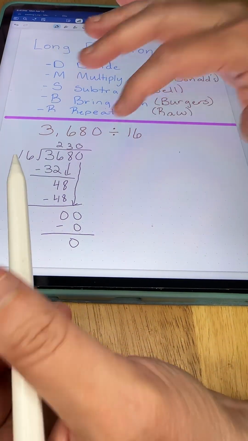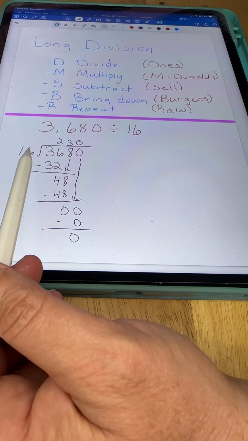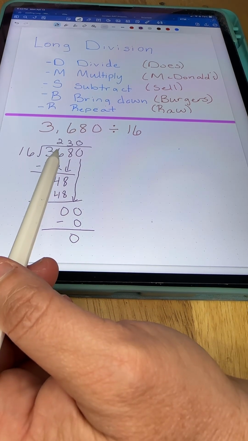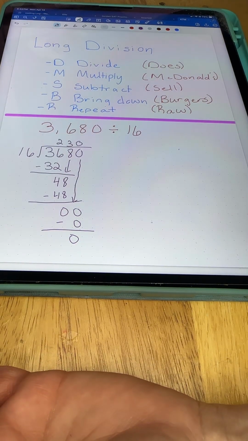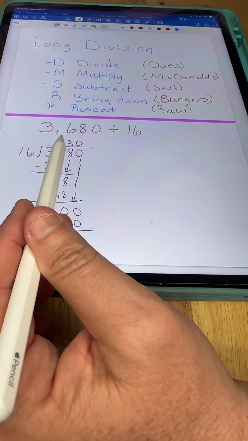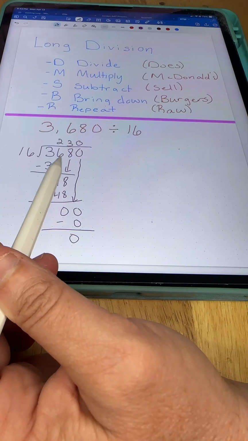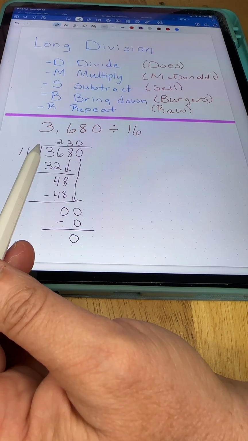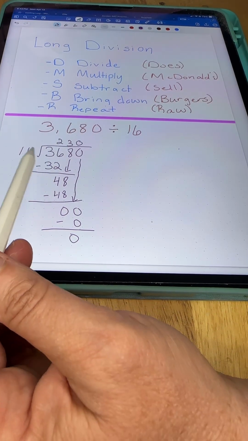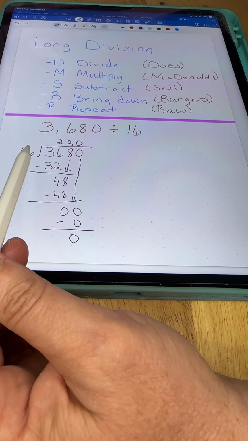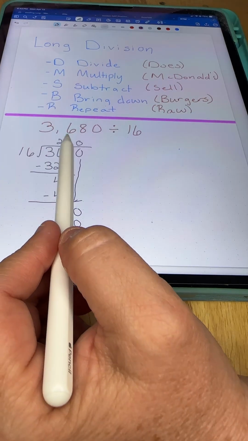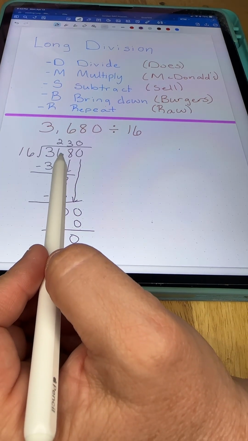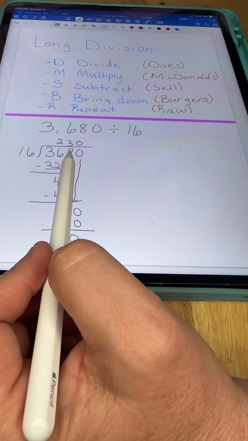If we had stopped right here, we would be saying that 16 will go into 3,680 only 23 times, which would be way off. So I always tell my students, make sure you've used all the numbers. Also, I tell them to see what makes sense. So 16 is kind of close to, we'll say 20 if we were to round up. 3,680 is kind of close to 4,000 if we were to round up, okay?